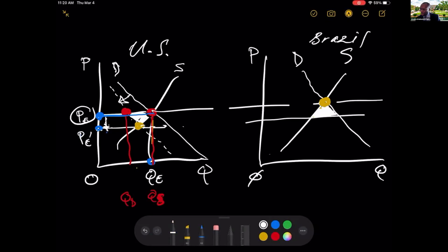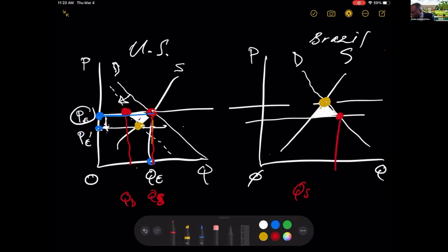So if this is quantity supplied is greater than quantity demanded, then what is this? It's the opposite. Okay, this would be quantity supplied is actually less.